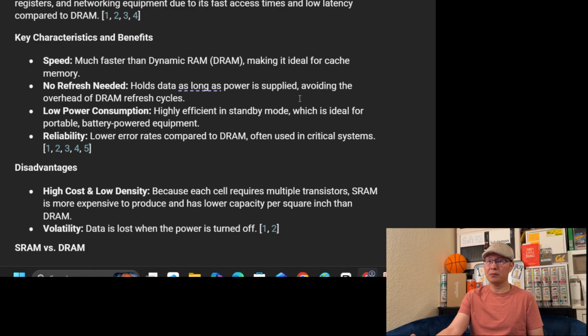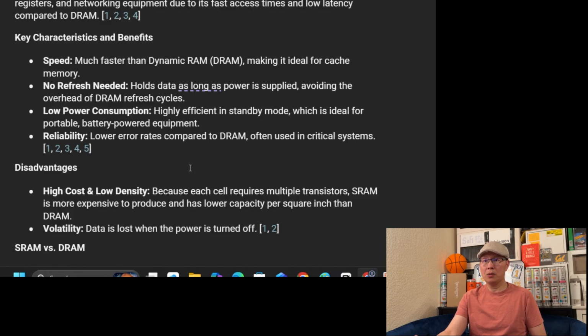Low power consumption: highly efficient in standby mode, which is ideal for portable battery-powered equipment. Reliability: low error rates compared to DRAM, often used in critical systems, especially computerized robots in operating rooms in hospitals. Yeah, those are very important.